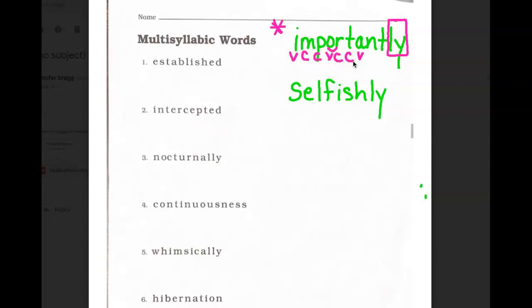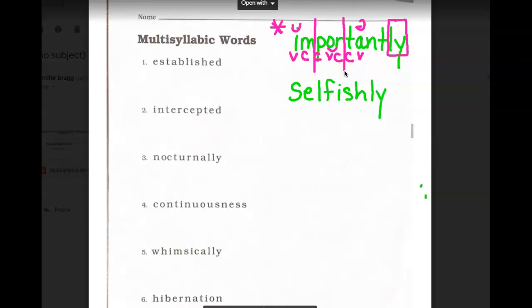So we have VCC, VCC, V pattern. So then we're going to decide where to divide this word. And it will be between the M and the P, between the consonants here and between the consonants here.